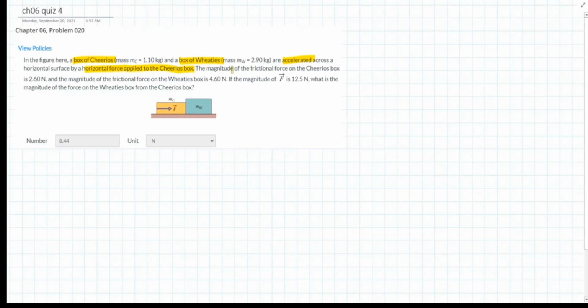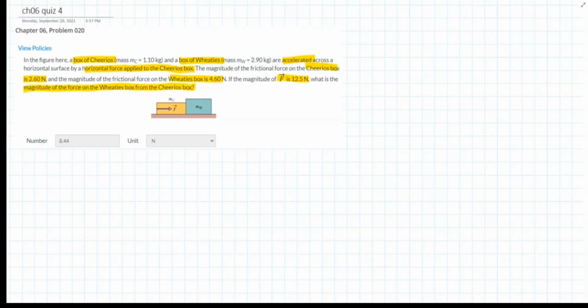And then we do have friction. We have friction on the Cheerios, and we have friction acting on the Wheaties. If F is 12.5 newtons, what's the magnitude of the force on the Wheaties box from the Cheerios box?